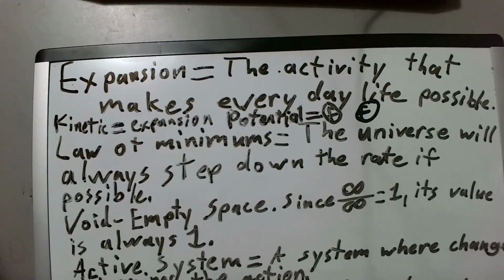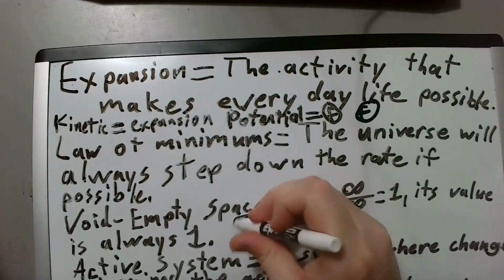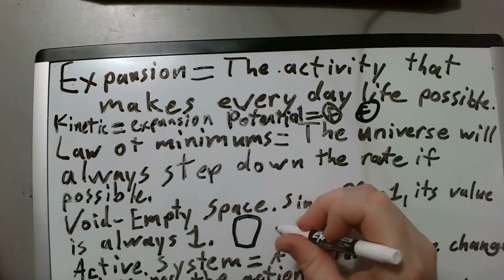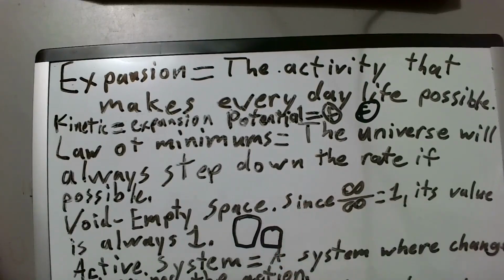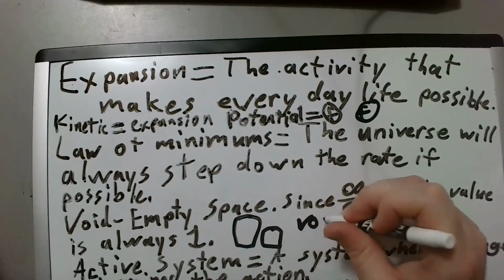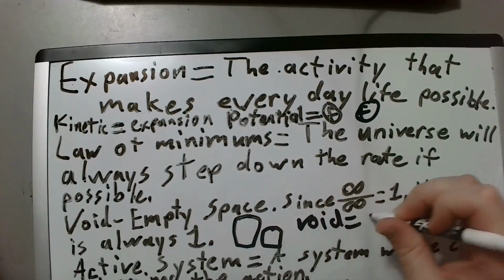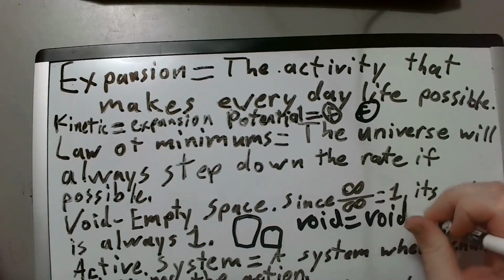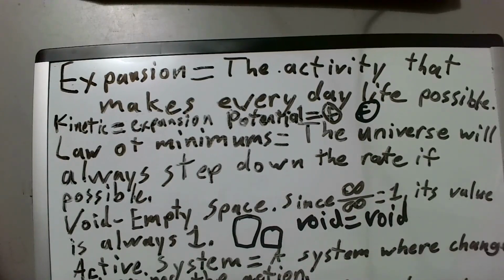Keep that in mind. What that means is that a big piece of void and a small piece of void are equal to the same value because void is void. Okay? These are both void and they're both equal to the same thing. So thus, void is equal to 1.